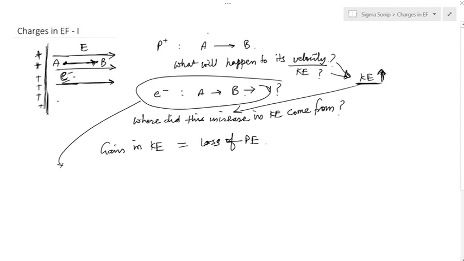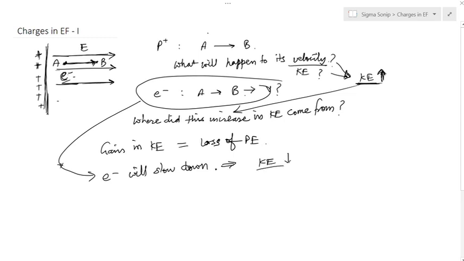So when it moves from A to B, it slows down, because the positive plate is holding it back. Positive plate is attracting it in the positive direction. So it will slow down, which means that K will be lost.